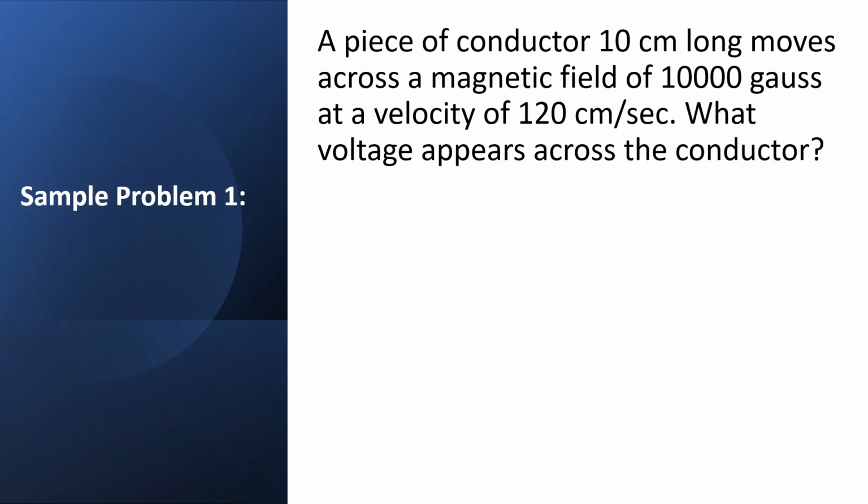For an illustrative example, we have sample problem 1. A piece of conductor 10 centimeter long moves across a magnetic field of 10,000 Gauss at a velocity of 120 centimeter per second. What voltage appears across the conductor? For the solution, we will write first the given of the problem.